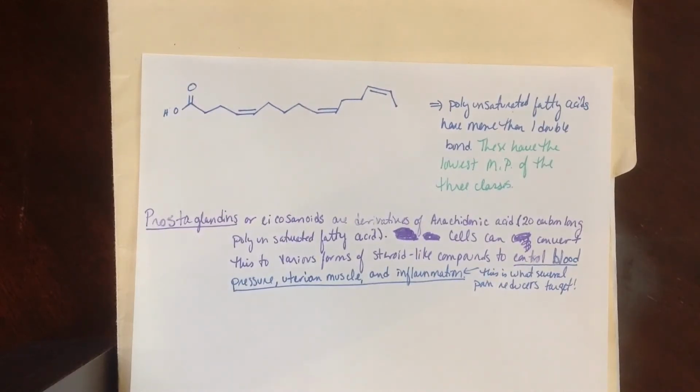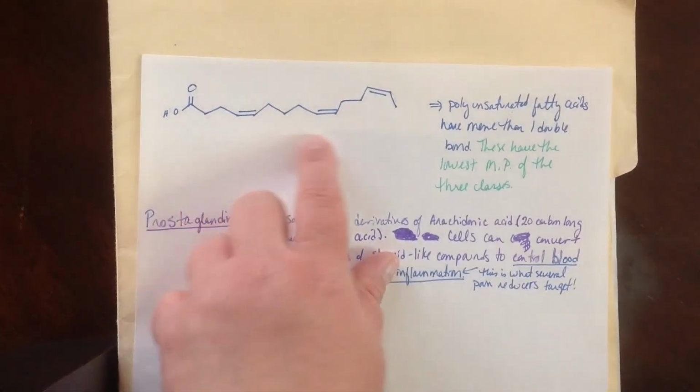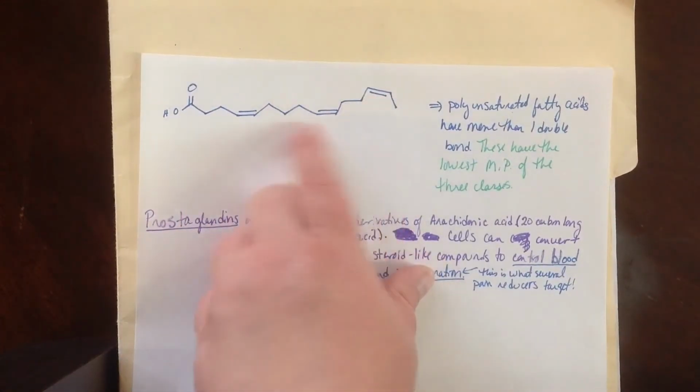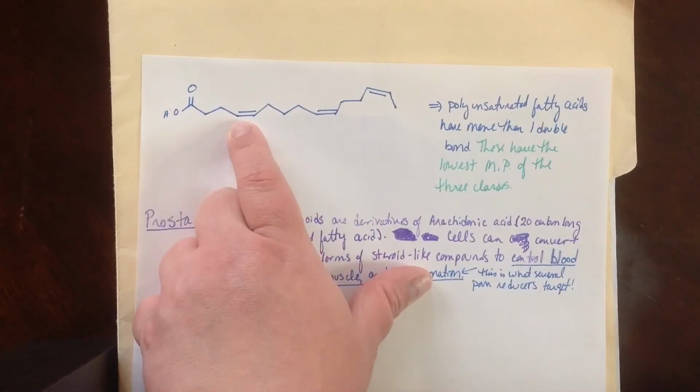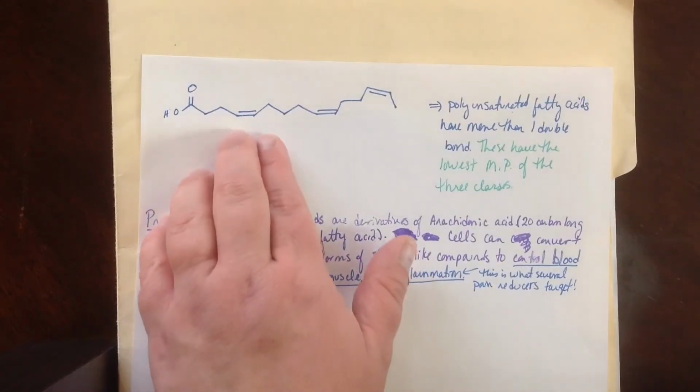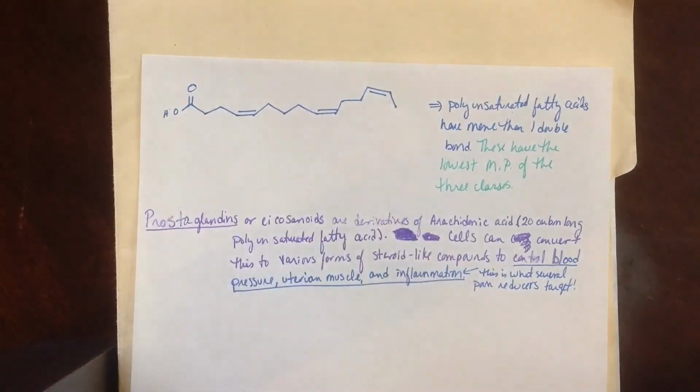So what they do is they take things that are polyunsaturated fatty acids like this, and they start to hydrogenate them. Do you remember that from the first chapter we did? So when you do those types of things, what ends up happening is you make them more saturated. As you make them more saturated, then their melting point goes up, and they end up having a nice solid block for you.